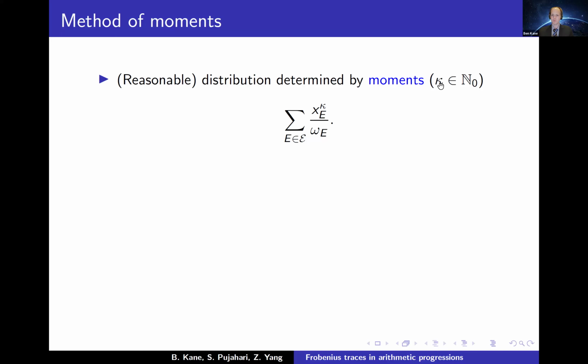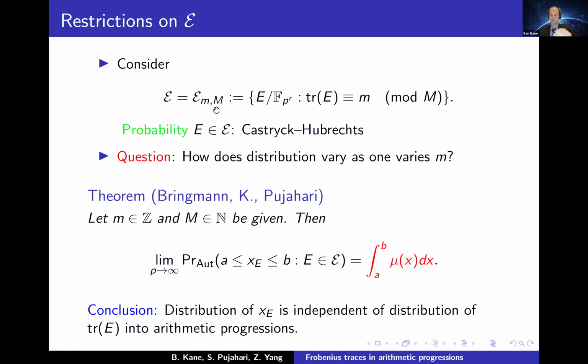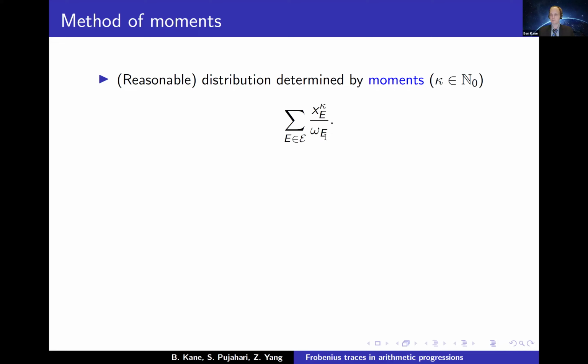So if you run through all the integer powers of everything in this set E, so this E was our E sub m capital M, we fix the arithmetic progression, we run across all of them, and we look at the kappa powers. Basically, if two distributions have the same moments, then they are the same distribution. This is essentially true, as long as the distribution is reasonable enough.